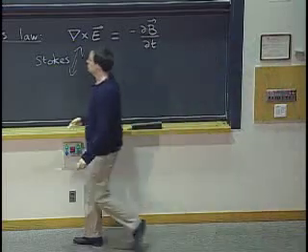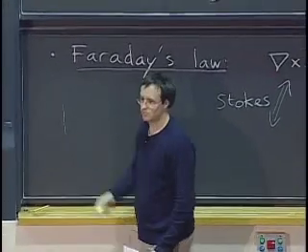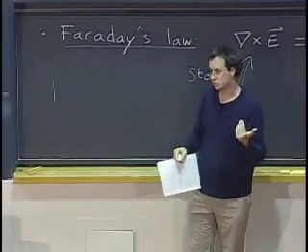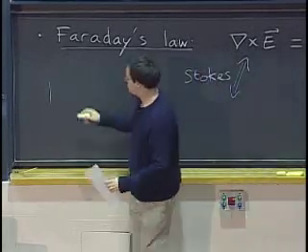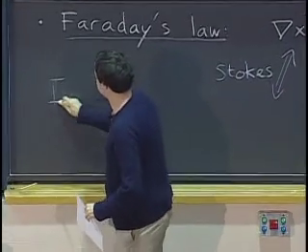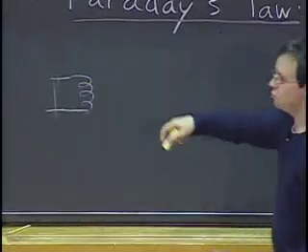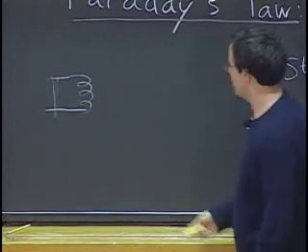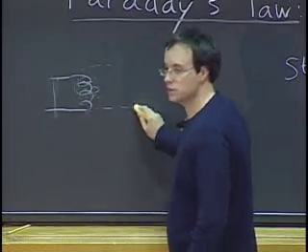So a transformer, when you plug your laptop into the wall socket, you don't actually feed it directly 110 volts or 120 volts or whatever. There's a transformer in there. And what the transformer does is it takes some input voltage and it passes that through basically a loop of wire. Okay? Not much seems to be happening. But now you have another loop of wire that is intertwined with it.